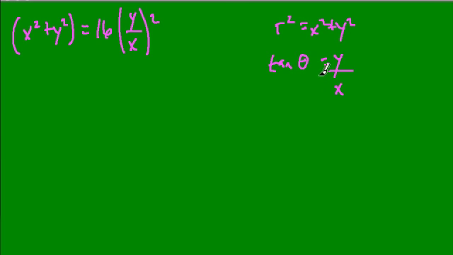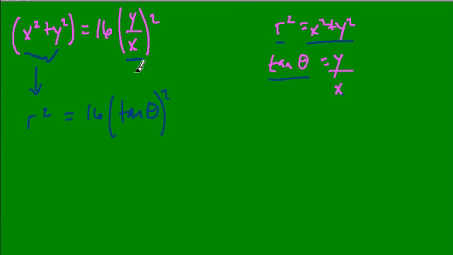So instead of writing x squared plus y squared here, we could say r squared equals 16, and then instead of writing y over x, well, the tangent of theta equals y over x, so we could write 16 times the tangent of theta squared.